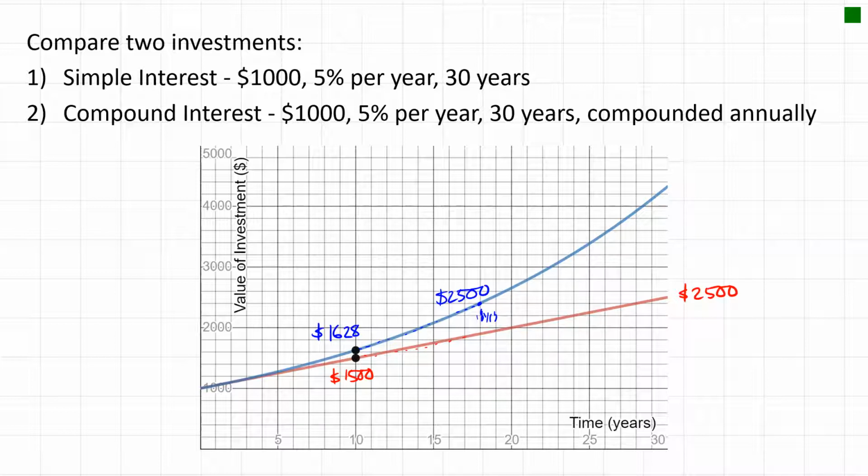And it just continues to take off until after 30 years, that $1,000 investment is worth $4,321.94. So that $1,000 investment has quadrupled into more than $4,000.